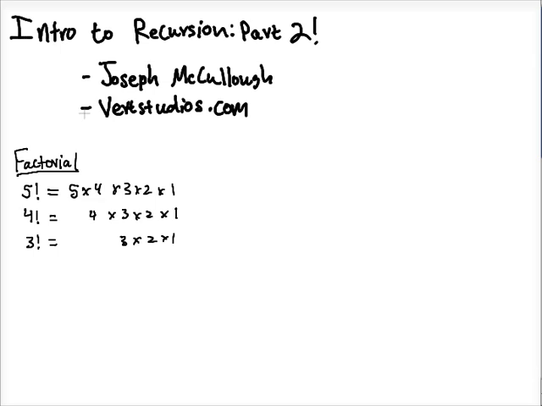Alright, I'll highlight some things, and then I think you'll be able to see it. If you don't see it yet, we'll go ahead and explain what's going on. 3 factorial equals 3 times 2 times 1. 4 factorial equals 4 times 3 times 2 times 1.